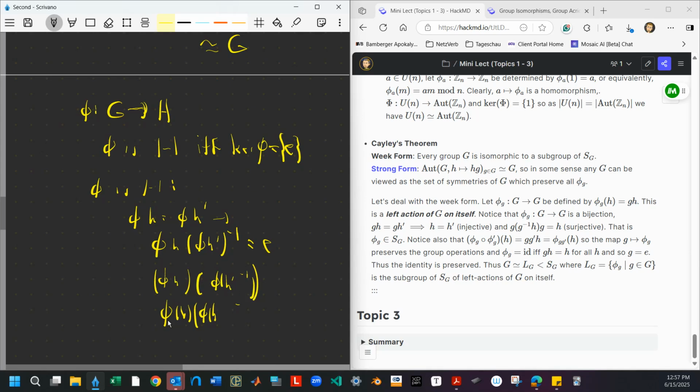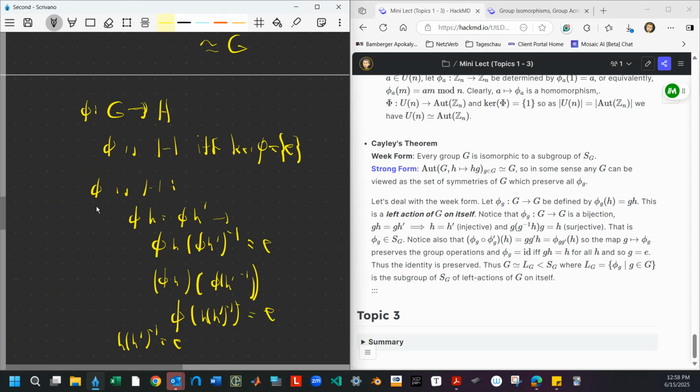That's what I wanted to say. Now I use the fact that we have homomorphism products, to get h prime inverse. And if these are the same, this is equal to e. But this tells me that h prime inverse is equal to e. And you can flip this around the other way and do h prime inverse h is equal to e.